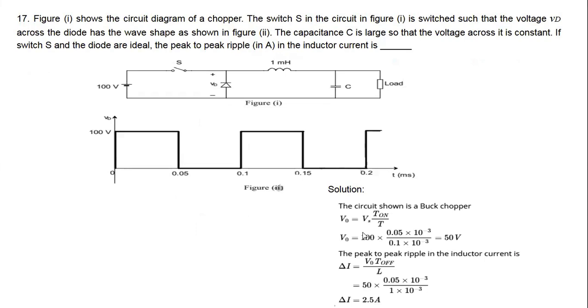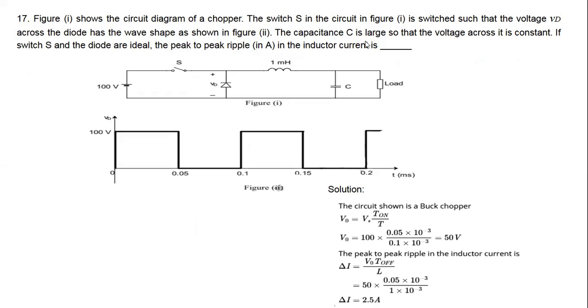Now we will see one more problem. Figure 1 shows the circuit diagram of a chopper. The switch in the circuit in figure 1 is switched such that the voltage Vd across the diode has the waveform shown in figure 2.